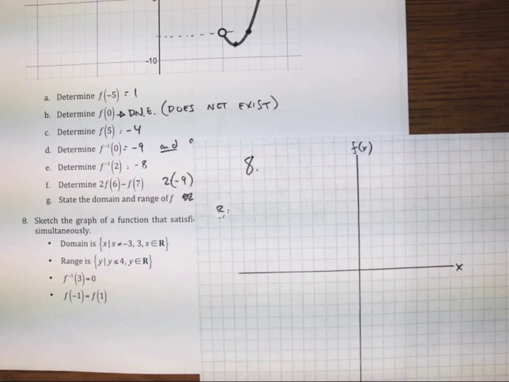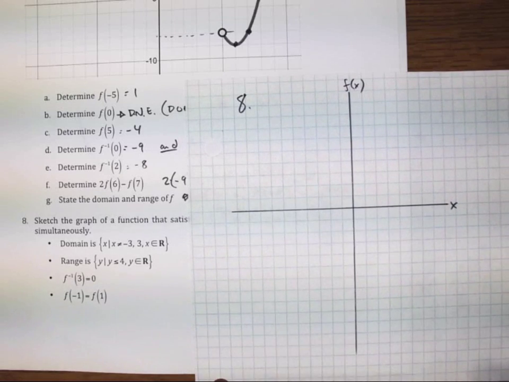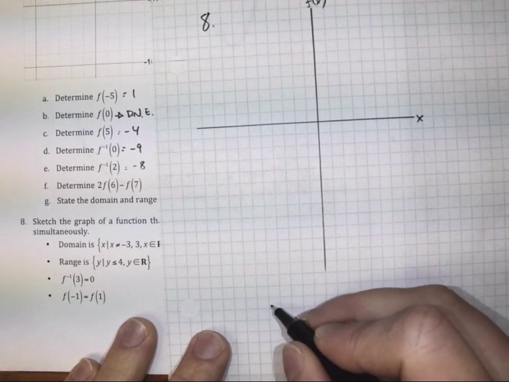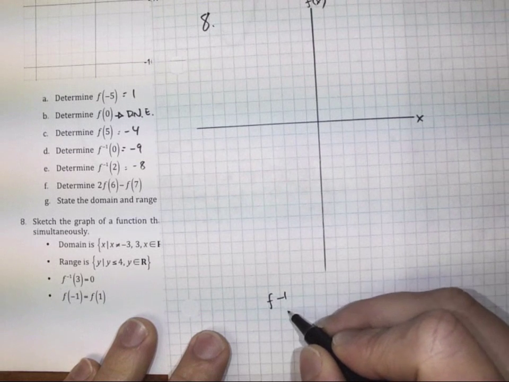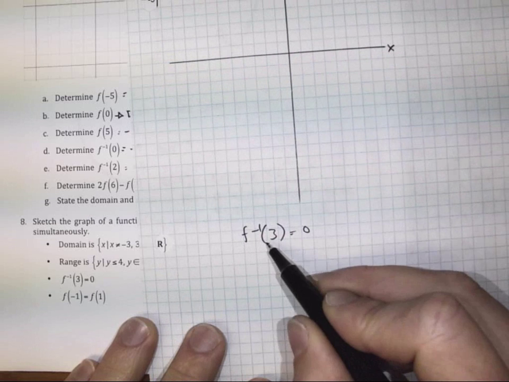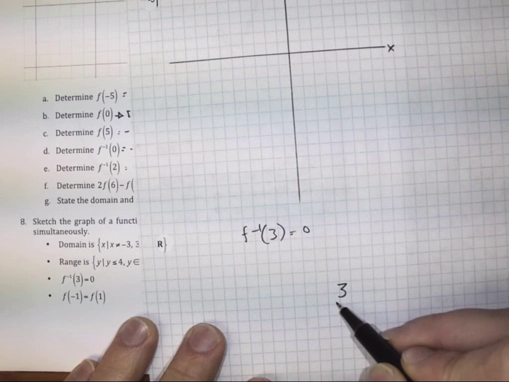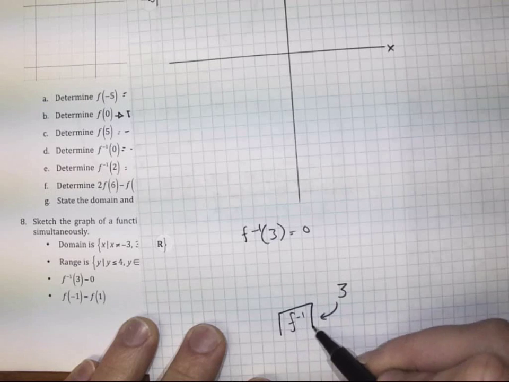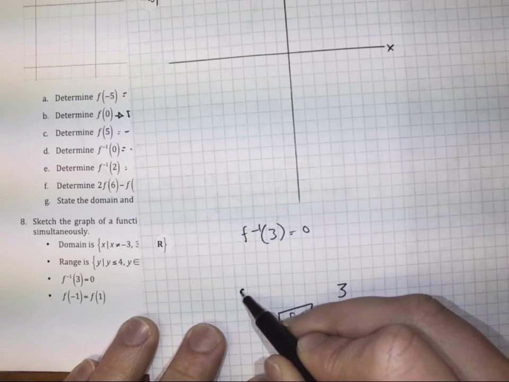This is a little funny. It says f inverse of 3, or the inverse of f when it takes an input of 3, gives 0. So if I take that value 3 and stick it into the f inverse function, it outputs 0.